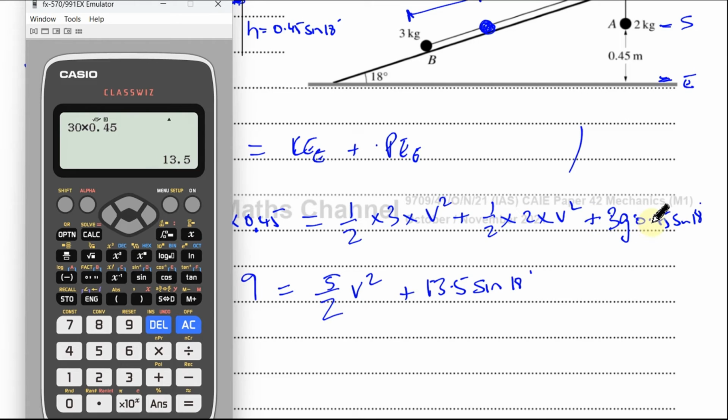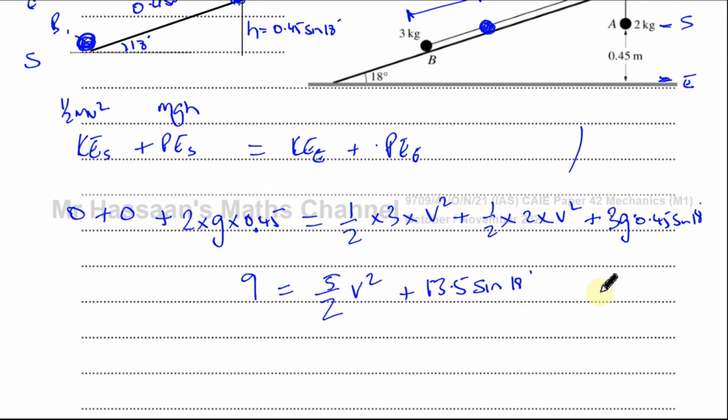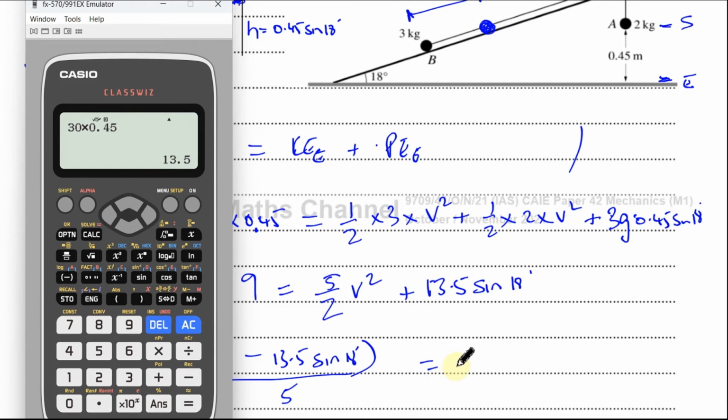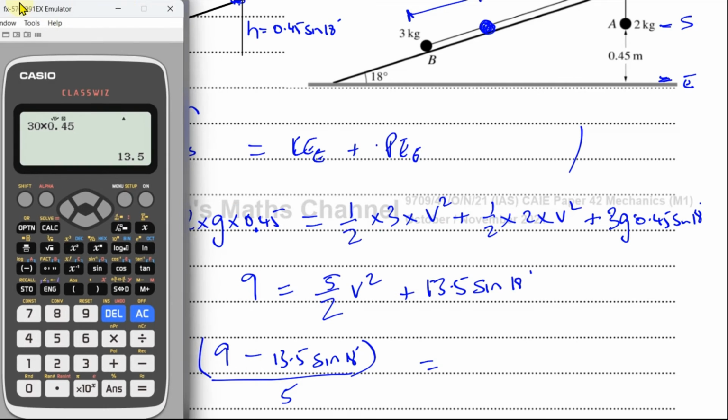That's 3 times 10 times 0.45, sine 18. All right, so we want to find what v squared is. So we can do 9 minus 13.5 times sine 18, and then we can basically divide by 5 and multiply this by 2. And that will give us the answer. So we just put it in a calculator.